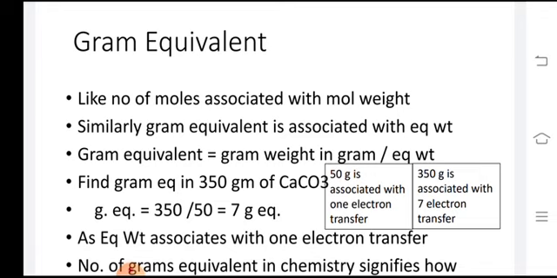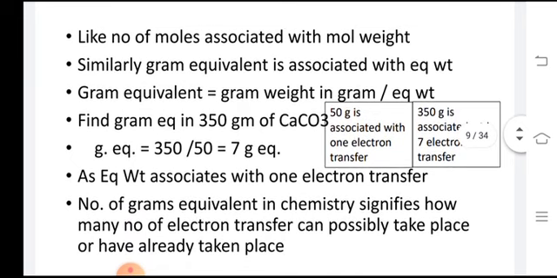Now this 50 is the equivalent weight of calcium carbonate. Fitting it in this equation, you will find 350 divided by 50. Now this 50 is the equivalent weight. It will give us 7 gram equivalent.